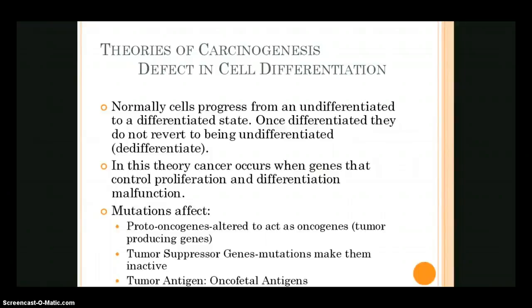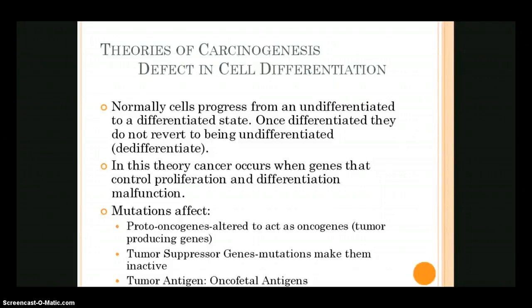But what can happen with this defect in cell differentiation is we will see the cell kind of reflect back into its fetal state, where it produces proteins that are associated with embryonic and fetal stages of life. And these are called oncofetal antigens. I'm going to spell that: O-N-C-O-F-E-T-A-L antigens. I want you to think of this as a broken lock, okay?